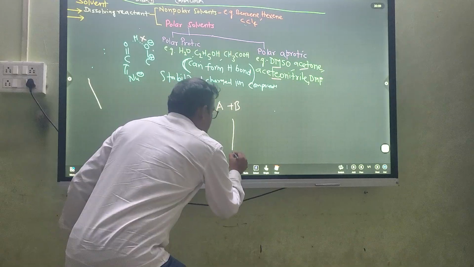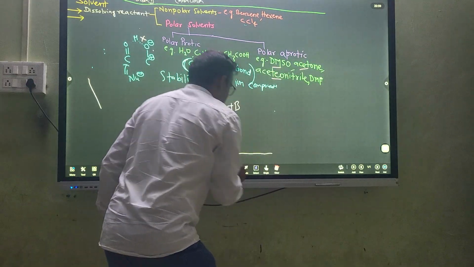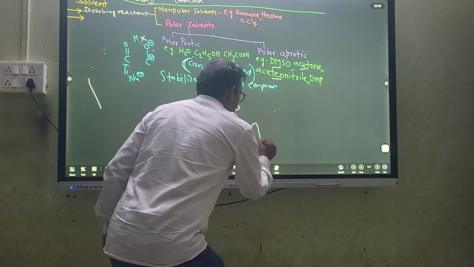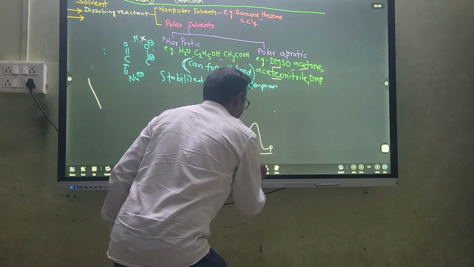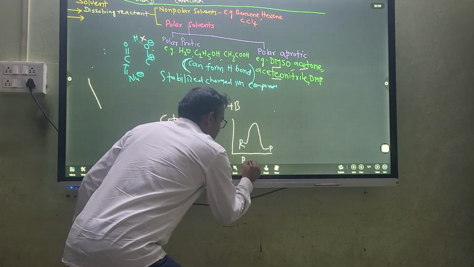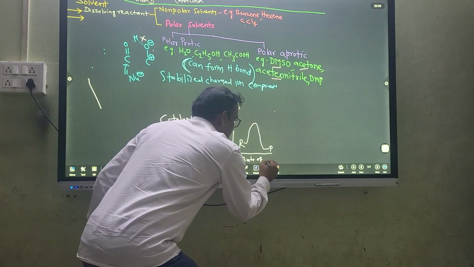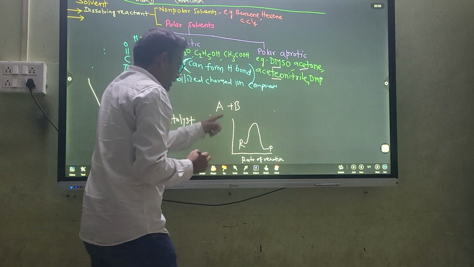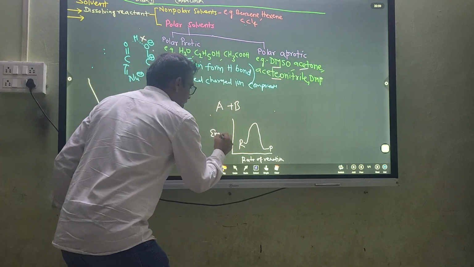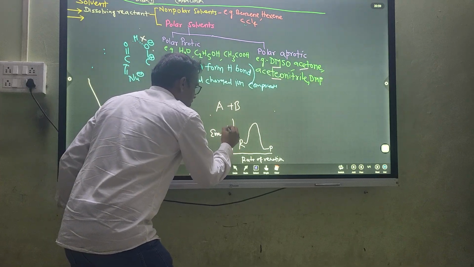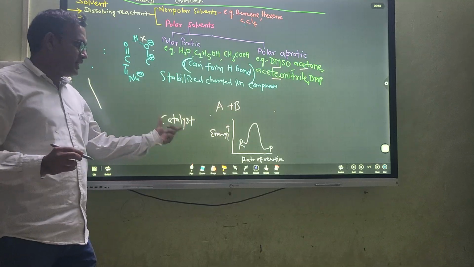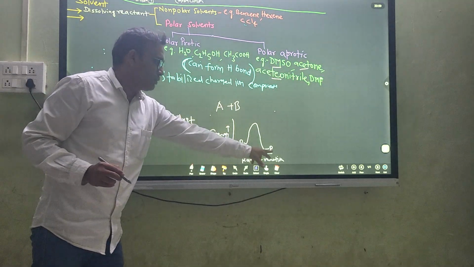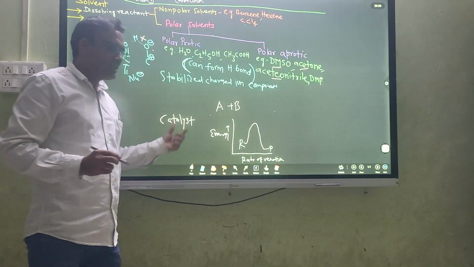Suppose this is the y-axis and this is the x-axis. This is the reactant R, and here is the product P. The x-axis is the rate of reaction, and the y-axis is energy. Without the catalyst, the reactant is converted into product P, but if we use a catalyst, what happens?